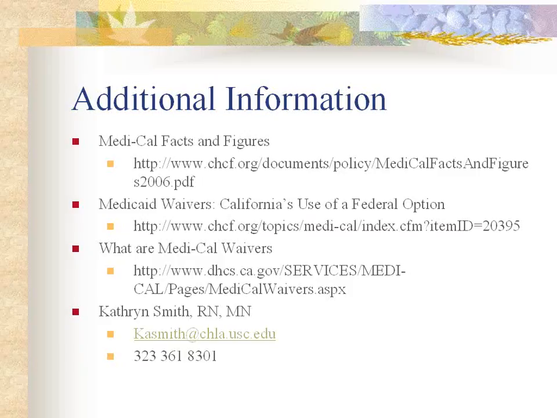Yes, and remember I said that one of the first steps to applying for a waiver is to apply for Medi-Cal. So yes, it would require a family to apply for Medi-Cal first, and then enter into the waiver process.